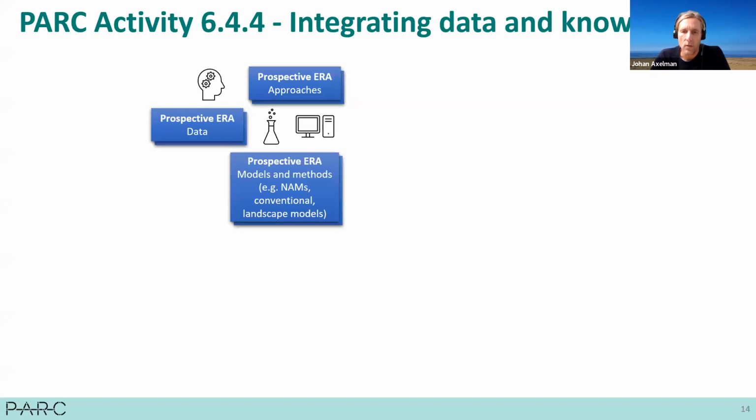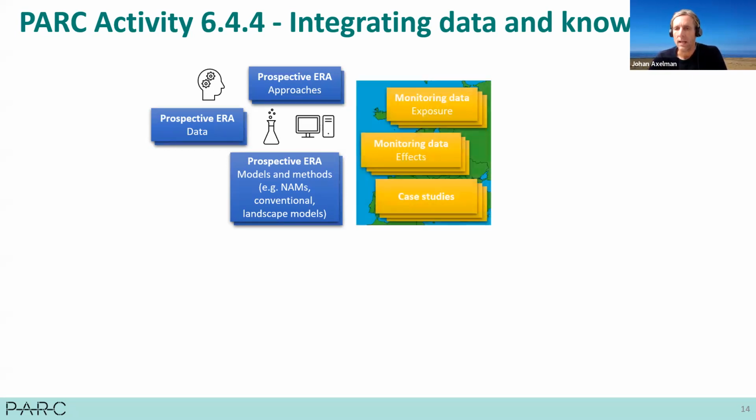Models and methodologies, both new assessment methods and conventional ones, but also higher level approaches such as landscape models. We want to test them against monitoring data.